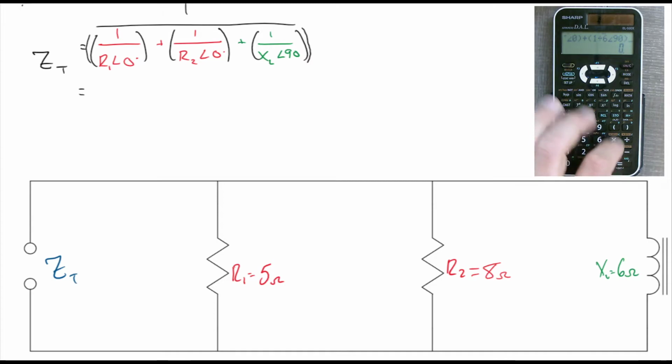Close the bracket, and then I'm going to finish that statement off with my last bracket to say it's all under the denominator. I hit equals, and I end up with 2.73 ohms, we'll call it.